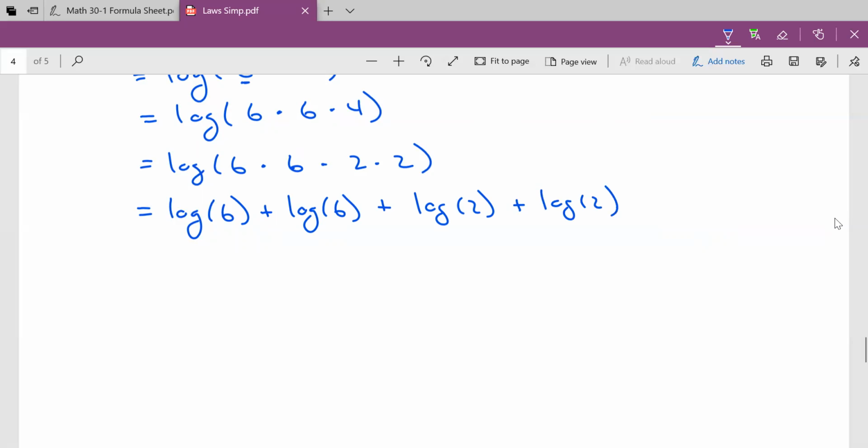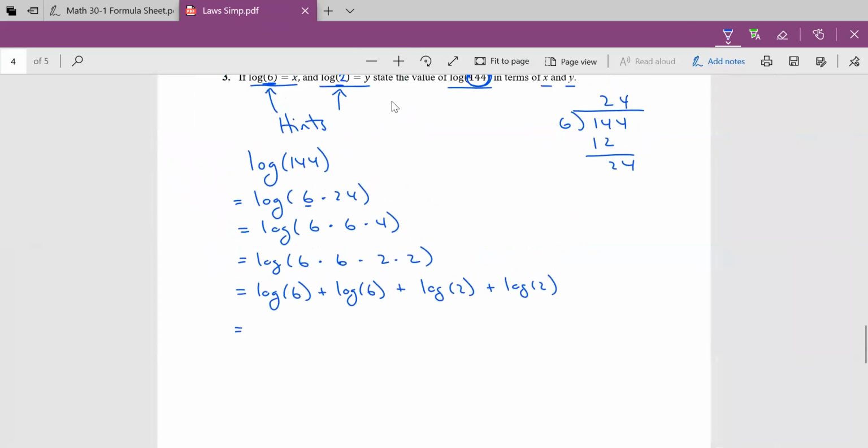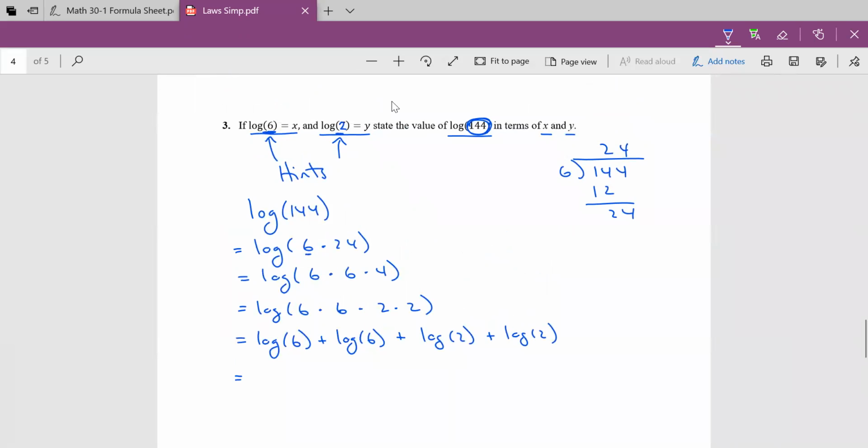Well, what do I know now? Way back up here in the question, it tells me log 6 is equal to x. Well, guess what? There's log 6. That's x. Log 2 is y. Log 2 is y. So this is 2x plus 2y.